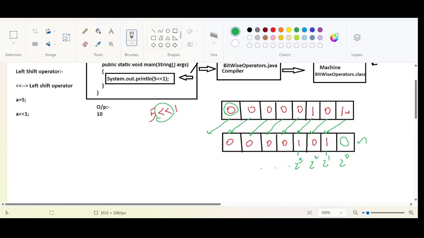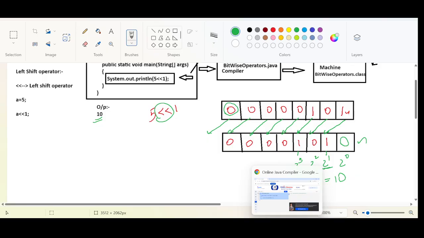So 2 to the power of 3 is 8, plus 2 to the power of 1, which is 2. So 8 plus 2 is going to be what? We got the output as 10.